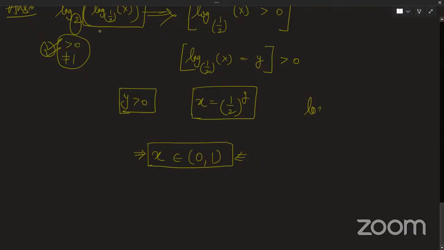Because it is log half x. For this to be valid, the base is already sorted. Why? Because half is not 1 and half is greater than 0. And here we have x, so this x should also be positive. If x is not positive, then I will not be able to input on it.